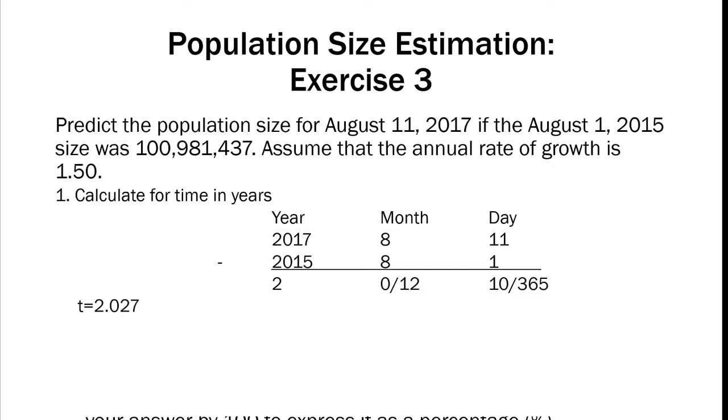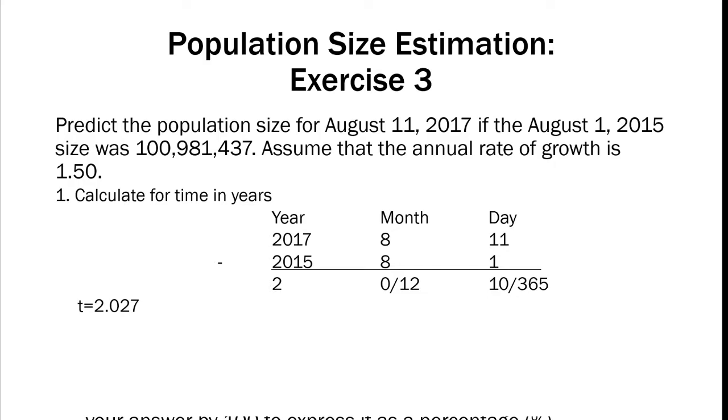So there's no borrowing needed. For year, it's 2017 versus 2015. So you will not be practicing the concept of borrowing. Anyway, if you have done this correctly, your day should yield 10, your month should yield 0, and your year should yield 2.